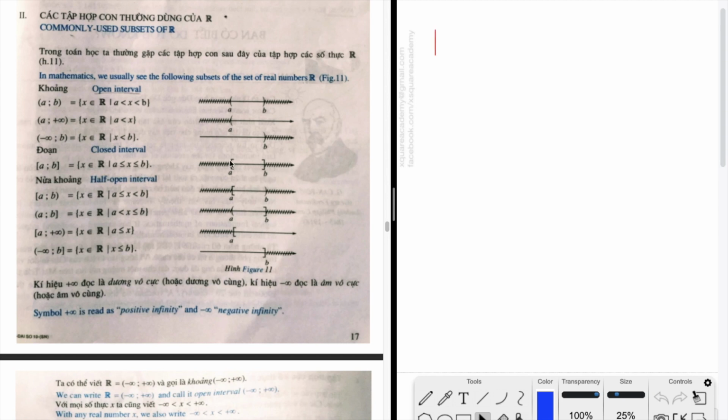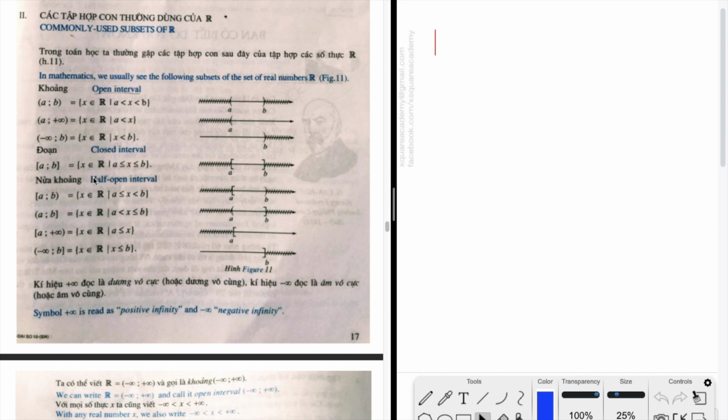And this is the number line. You see, the opening square bracket represents x greater than or equal to a, and the closing square bracket represents x less than or equal to b.